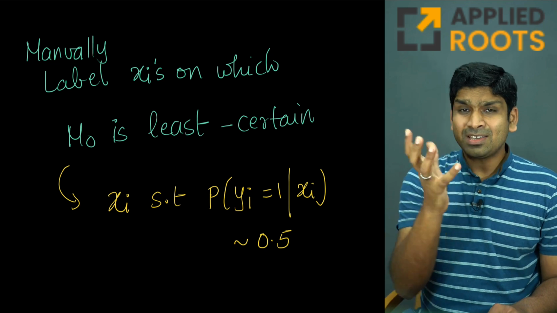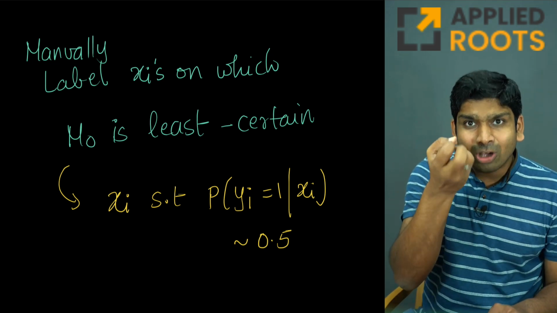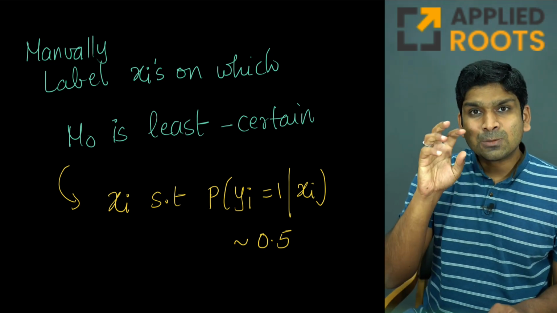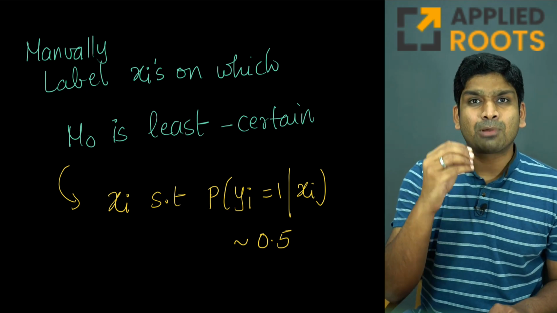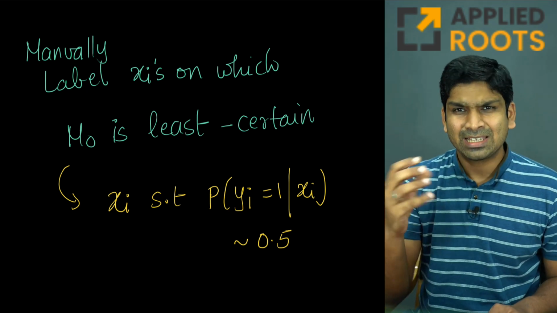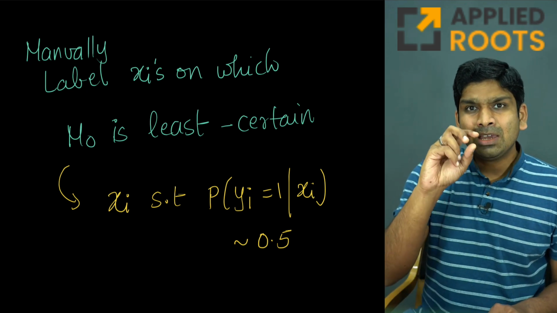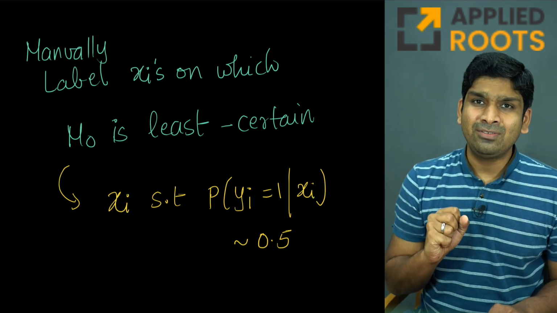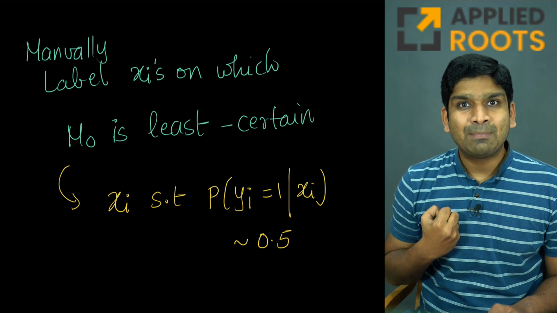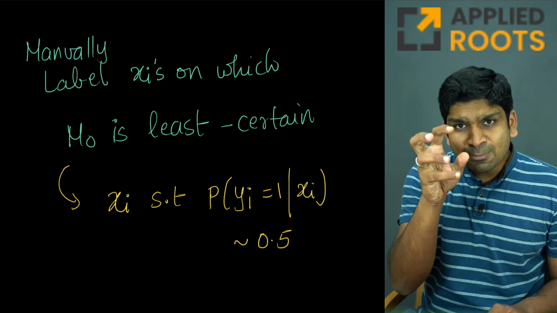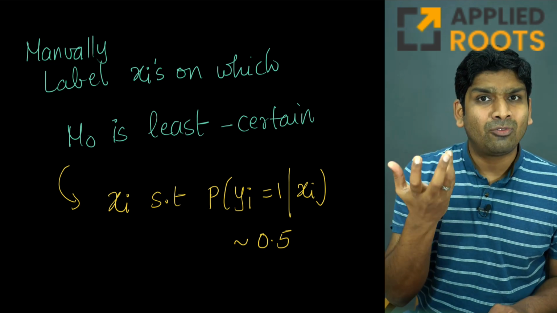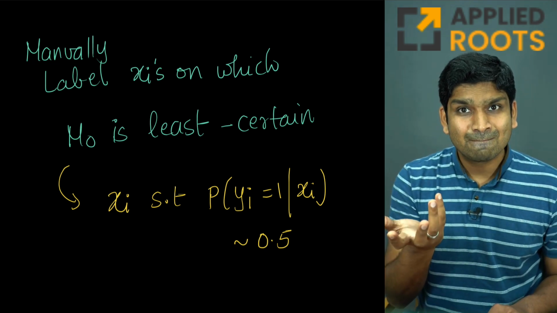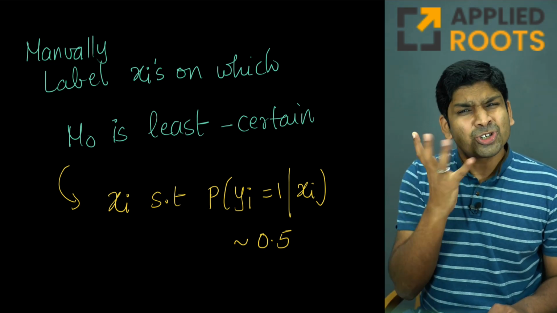So the idea here is, what if we pick all these points xi whose predicted probability of yi equals 1 given xi, using the model M0, is around 0.5? The model is less certain about its class. So let's pick some of these points. These are the points where the model would probably commit more errors, because it's not sure what's happening.